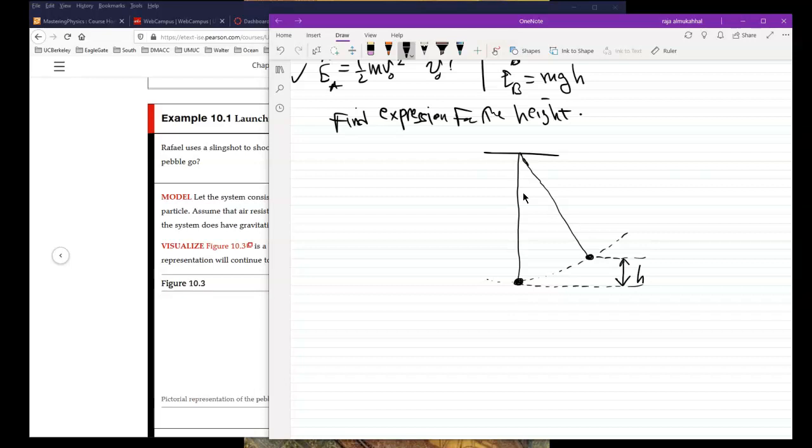So we said that the length of the pendulum is L. Here is the length of the pendulum. Now, again, I need to find an expression for the height. How do I do it? Well, here is a little trick for you. Theta. Please learn it. You're going to see it if you take statics and dynamics.